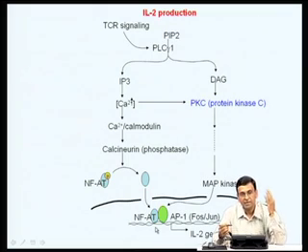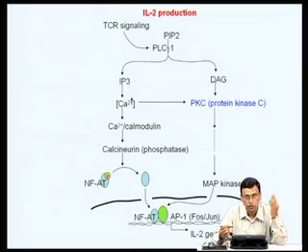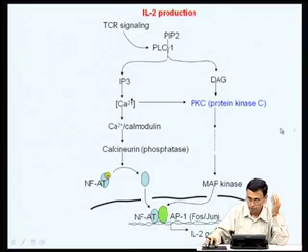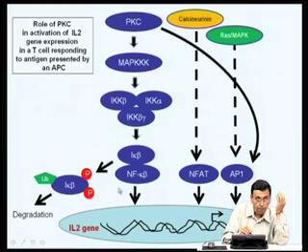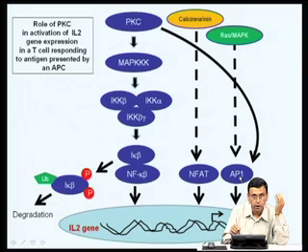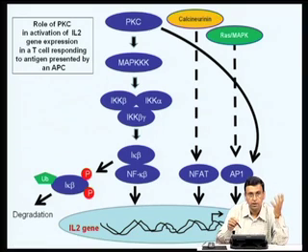So, the 3 important transcription factors required for IL-2 gene expression, namely NF-kappa B, NF-AT and AP1, are activated by multiple signaling pathways during T cell receptor activation by the antigen presenting cell.